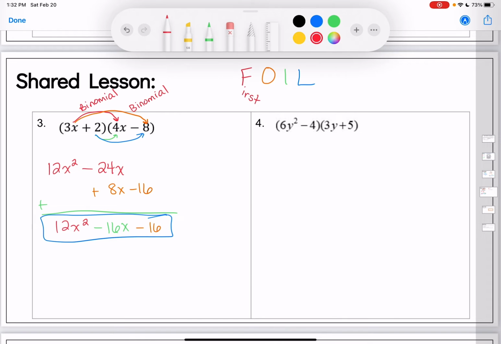Notice the first things I multiplied when I distributed were 3x times 4x. Those are the first terms in both sets of parentheses, right? First. The next thing I multiplied when I distributed were the outside terms. I did the 3x times the negative 8, right? This one right here, that gave me the negative 24x.